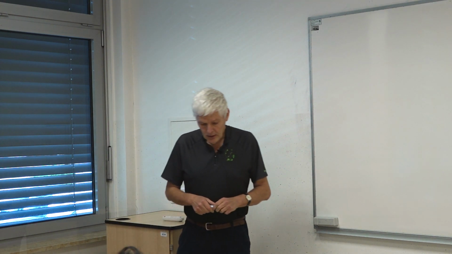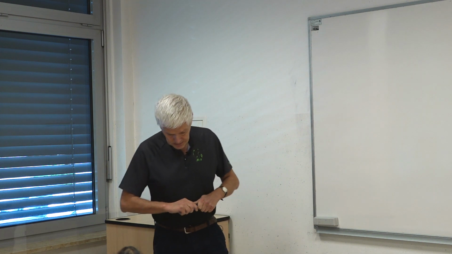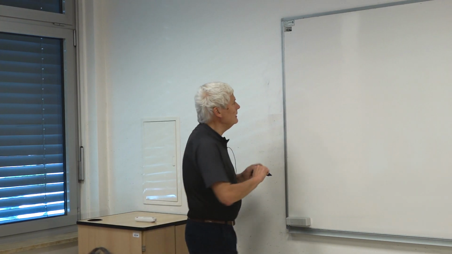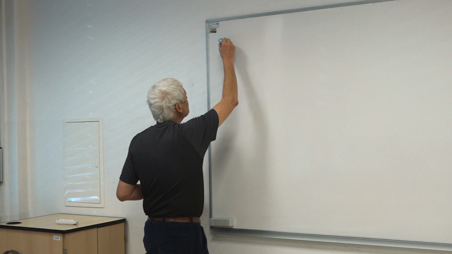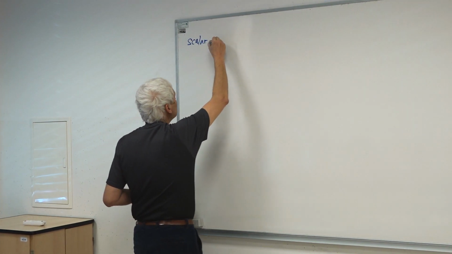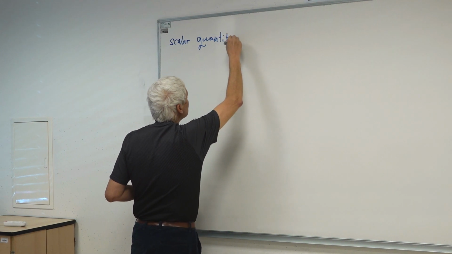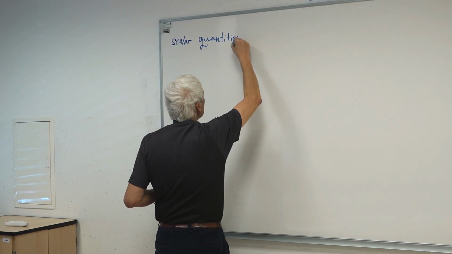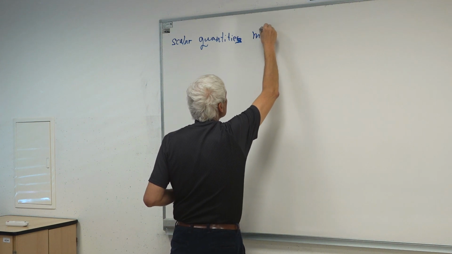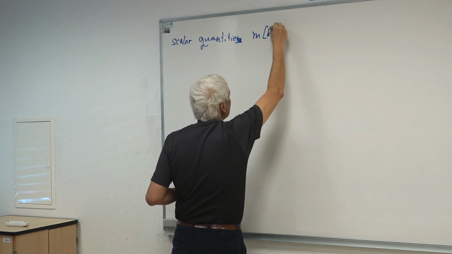In physics we have different quantities. We have scalar quantities, like mass, that is given in kilograms, and this is a scalar.